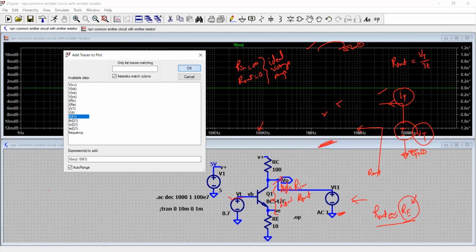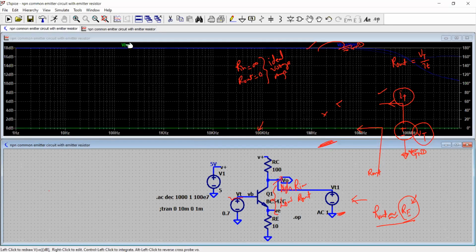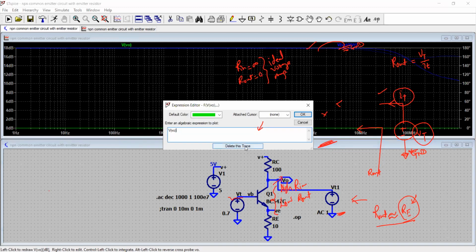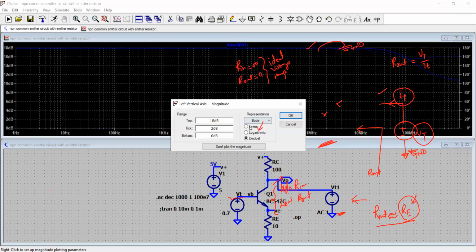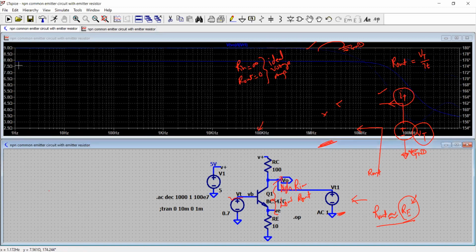That is my current. The green curve is to be deleted. And what is the output resistance? Look here. So I will right click here. I will click linear, and it's 8 ohm, which we theoretically predicted.